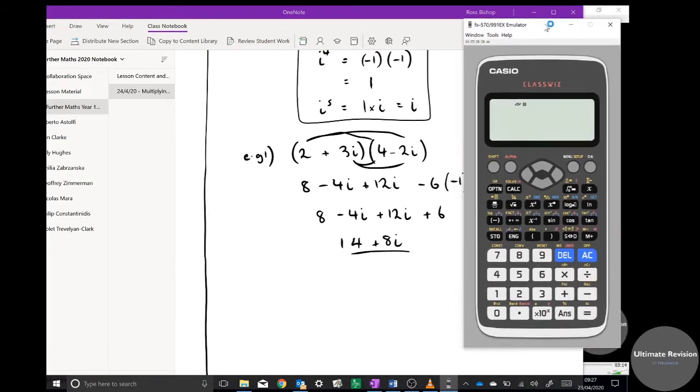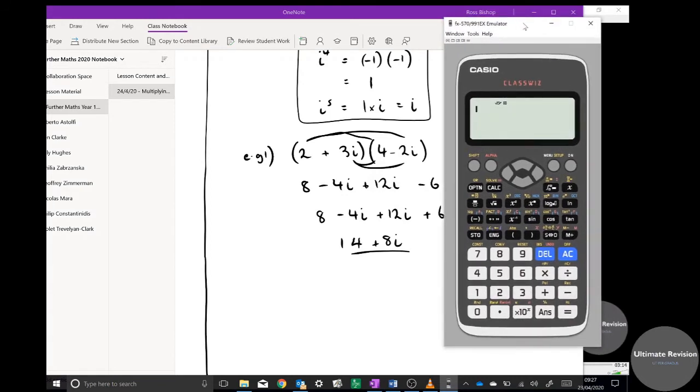Right, okay, so we've got an emulator. In order to get the complex mode up, you would go to menu, scroll down until you find complex, keep going down until you find complex, equals. Now you know you're in complex mode because the i button comes up here, and this is really useful.